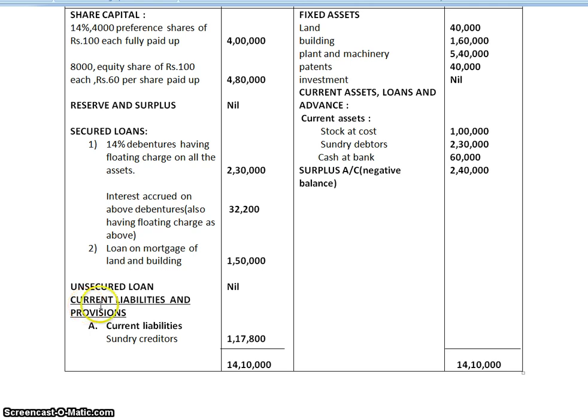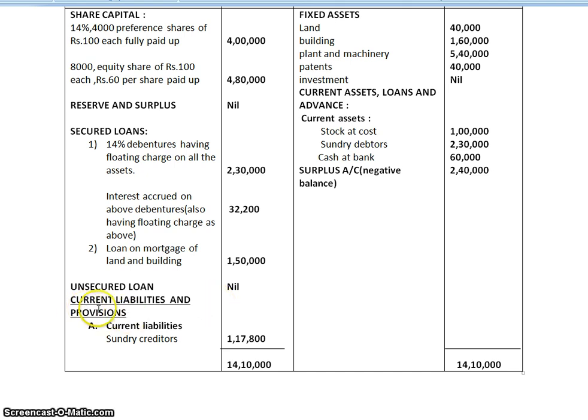Next, current liabilities and provisions. But before moving on, let me explain what is unsecured loan. Secured loan is clear, right? Whenever a loan is taken and against it any kind of security is given, it is known as secured loan. But unsecured is the opposite. That means a kind of loan on which no security is given, no mortgage is provided.